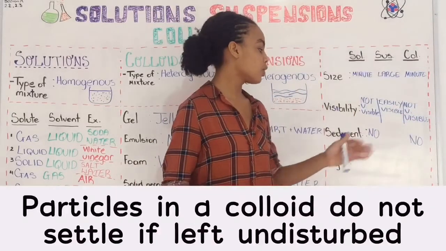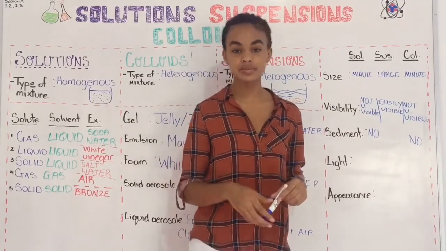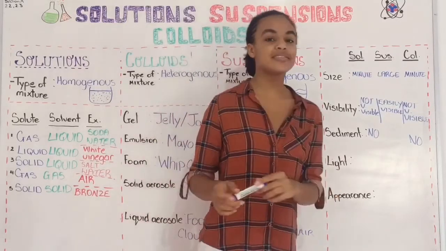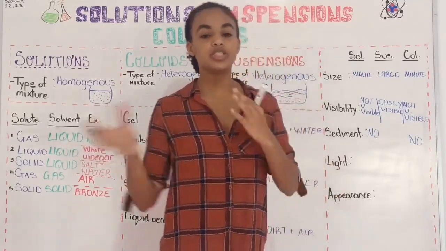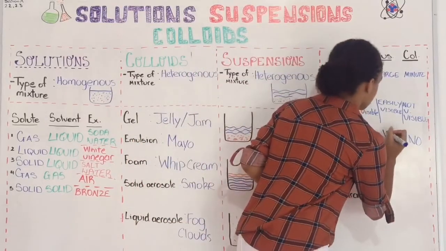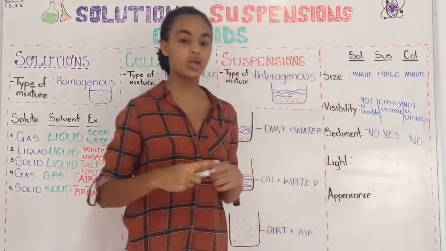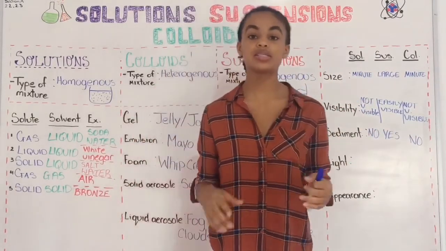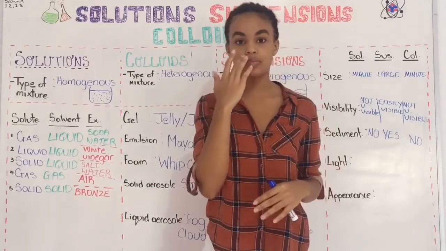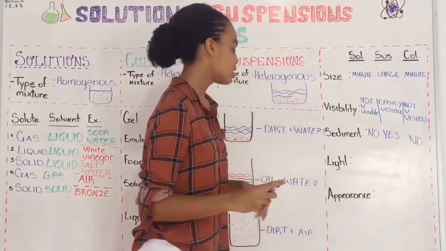Colloids don't usually sediment. Suspensions, if you leave some dirt and water, and you shake it up and you leave it to settle, there will definitely be some sedimentation. Or even oil and water, if you mix oil and water and you shake it up together, you're going to see the oil settle at the top and the water settle beneath it. So there is sedimentation in suspensions.